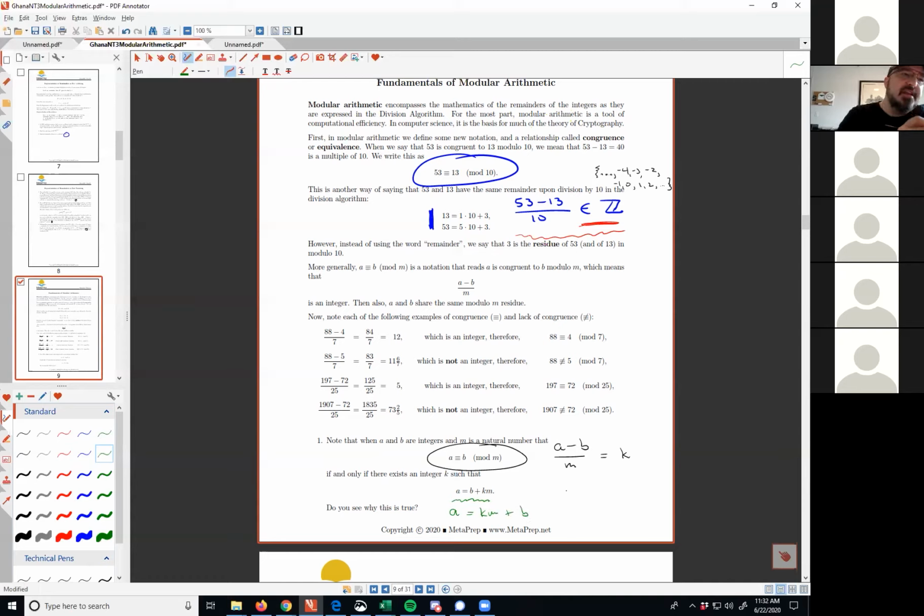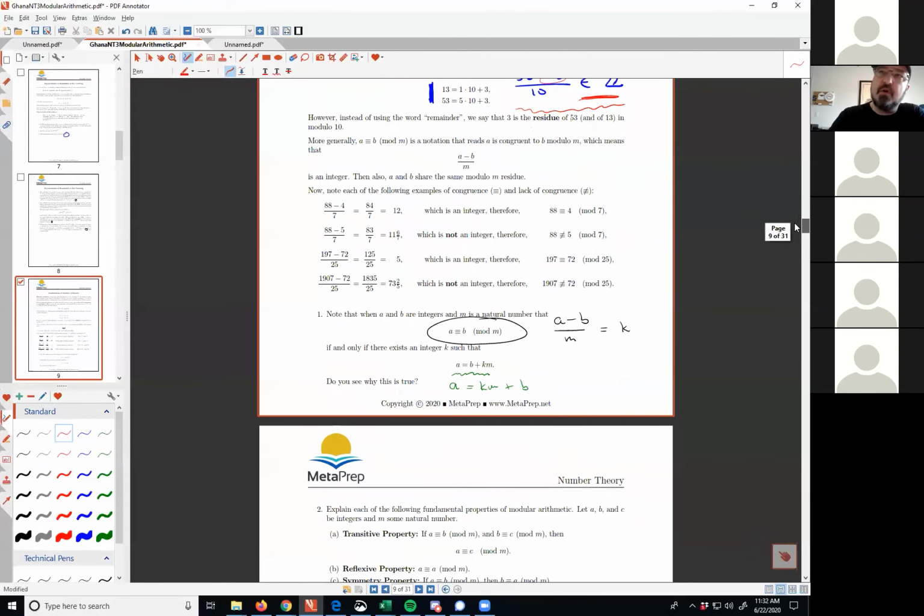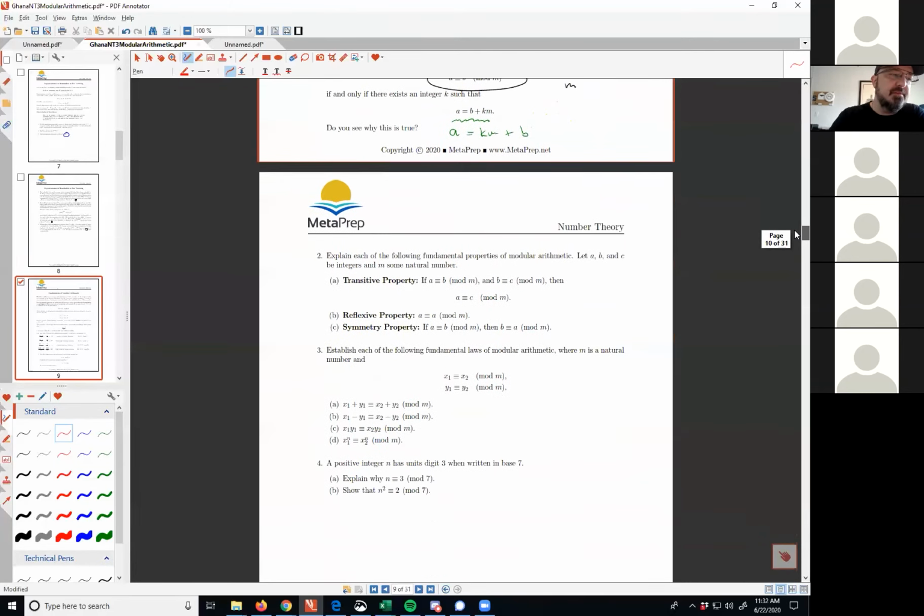Now, B doesn't necessarily have to be a remainder, like 13 up here is not the remainder when we divide by 10. The only difference is uniqueness. We don't restrict B to being from 0 to 9 inclusive, modulo 10, or modulo M from 0 to M minus 1 inclusive. But it's nice to have an equation because that equation may help us solve some problems.